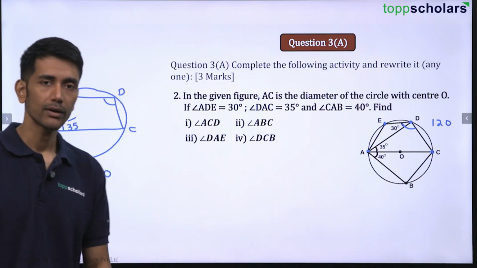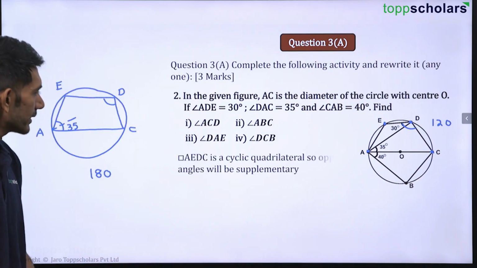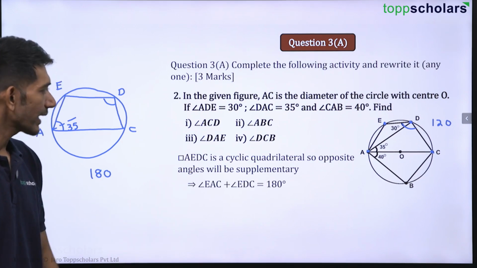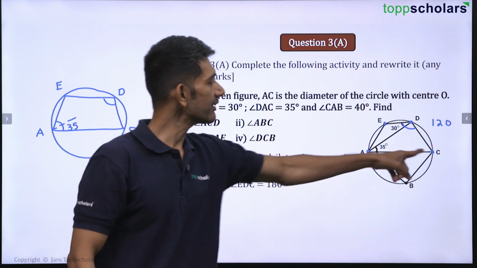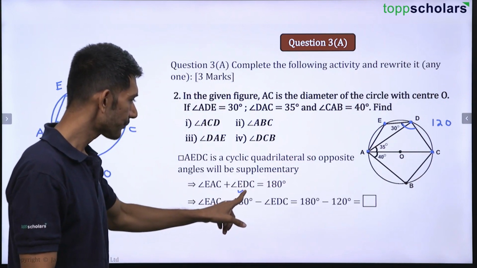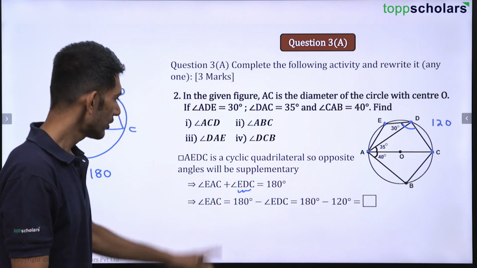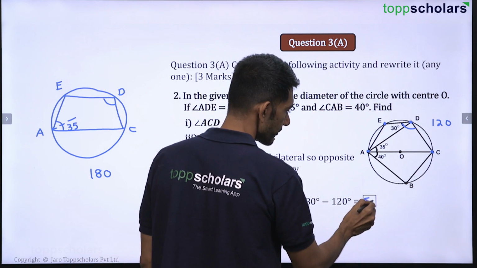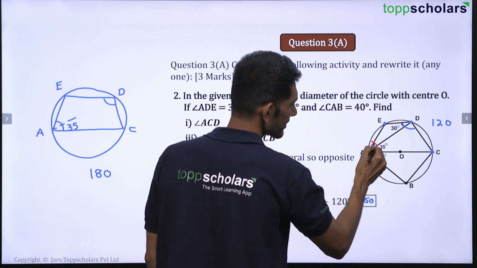So it is a cyclic quadrilateral, opposite angles are supplementary. So can I say EAC plus EDC is 180, but EDC is 120, correct? So EAC will be 180 minus 120, that is 60. So this entire angle is 60.